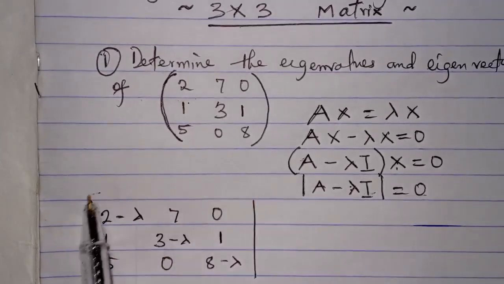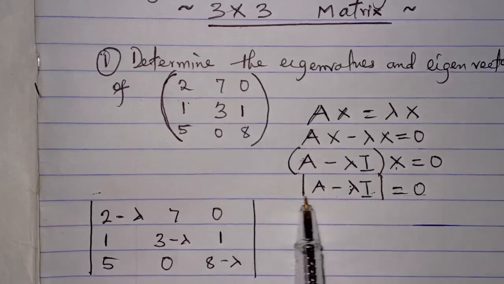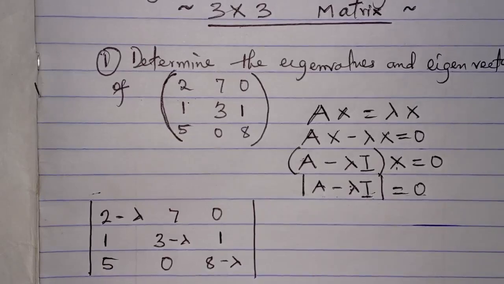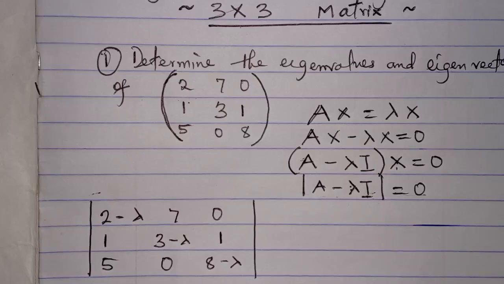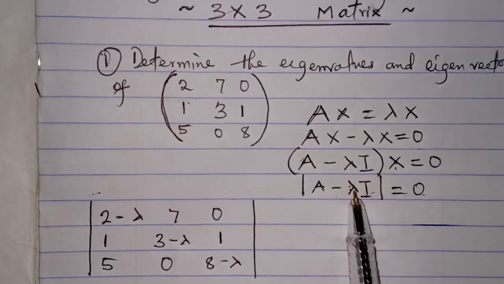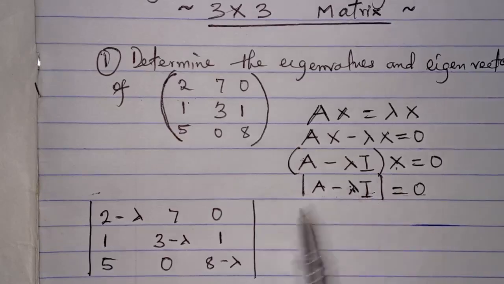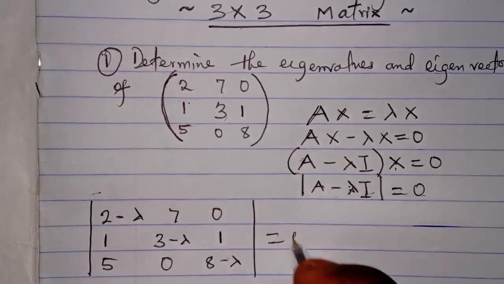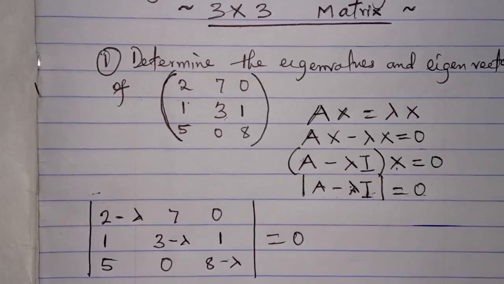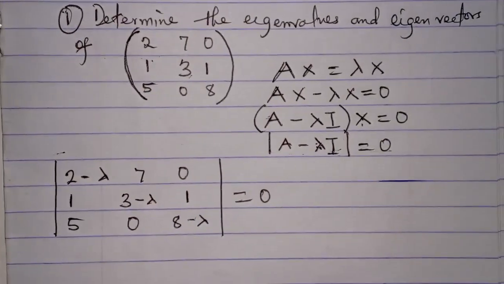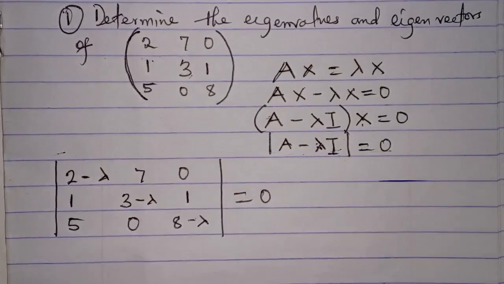What I have here is equal to what is here. You know, the unit matrix is a 3 by 3 matrix where all numbers on the principal diagonal are 1 and all other numbers are 0. So if we multiply lambda by that identity matrix and subtract the result from this, this is what we'll get. And this is equal to 0. So we now compute the determinant of this 3 by 3 matrix at the left hand side.